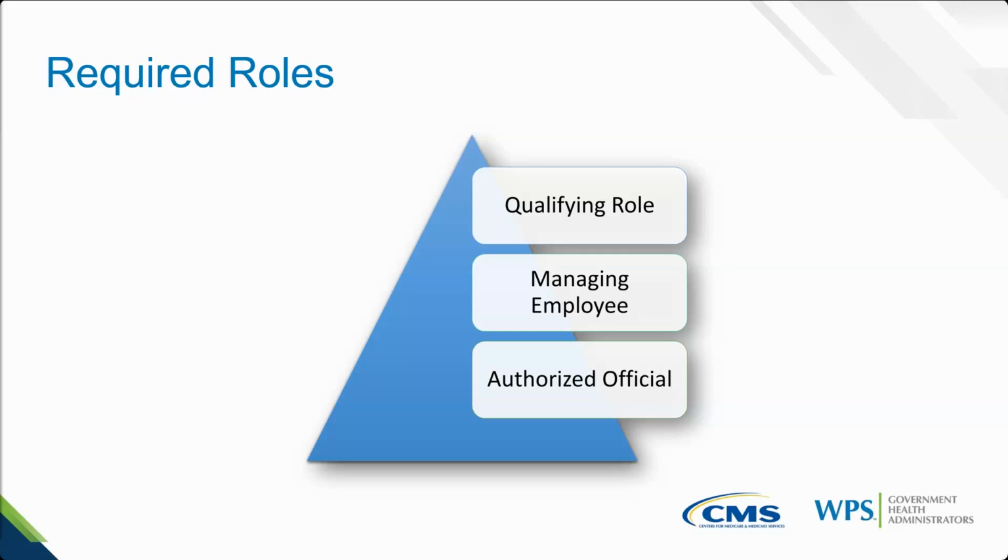But if they've also not been designated as an authorized official or the optional delegated official, that partner would not have signature rights for that enrollment information. So that's something I want to call out, especially when you're filling out your application as an initial. You want to make sure that you're including designations for everybody with the qualifying roles, who's the manager, and who has signature rights, whether that's authorized or delegated official. Make sure those are designated. That will help you eliminate any issues should someone not be available to sign an application in the future.